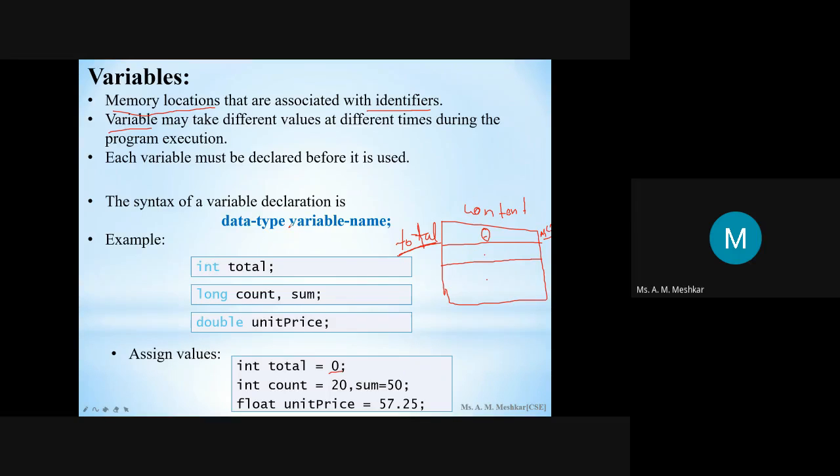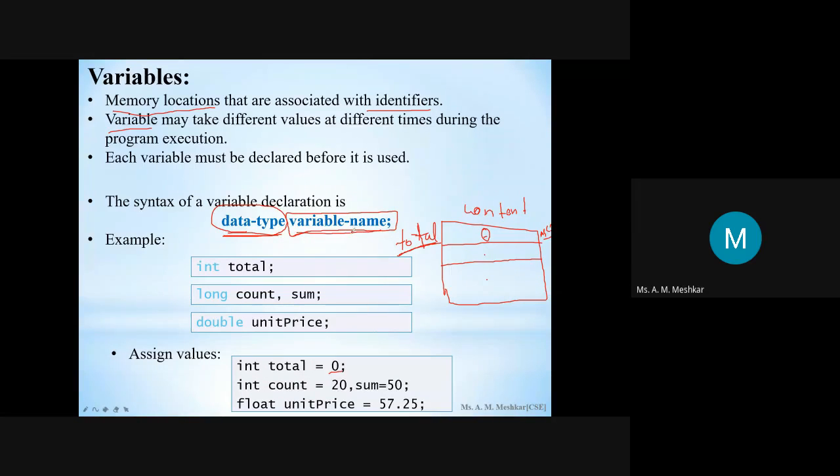What is the syntax of declaration? You have already done these things in C and C++ programs. You just have to write down the data type and then the variable name. The data type will decide how it will be stored inside the memory and how many bytes it will take, so its size and type should be mentioned before writing the variable name.